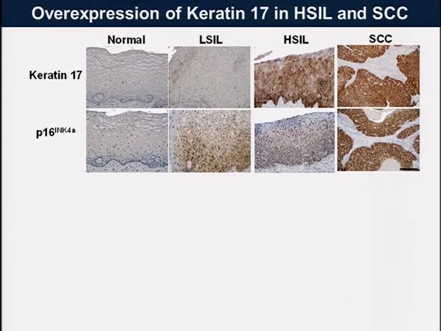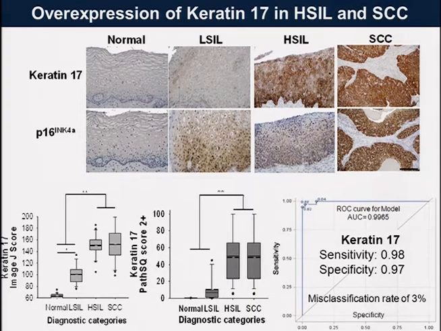Now we have representative photos of keratin 17 stain for each one of our diagnostic categories. And what you can see, and it's pretty obvious, is a high overexpression of keratin 17 that is specific for HiCIL and SCC. Again, we have the box plots for both scoring systems, and we were able to determine that this overexpression was statistically significantly different in HiCIL and SCC versus normal and LCIL.